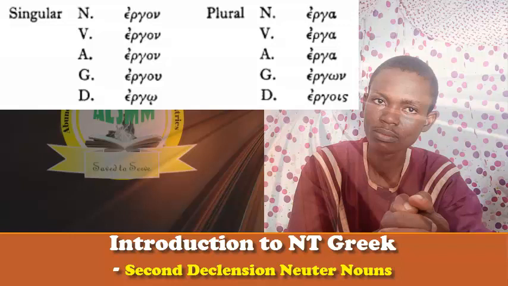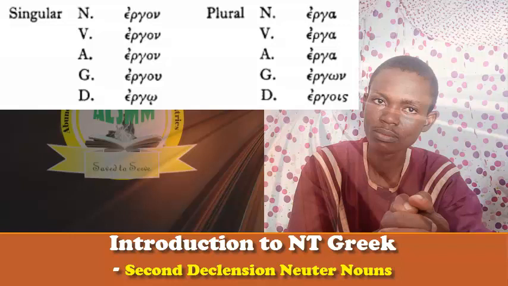And for the plural form, nominative, the subjective case for erga is still what? Works. Vocative, erga, that is O works or works as address.